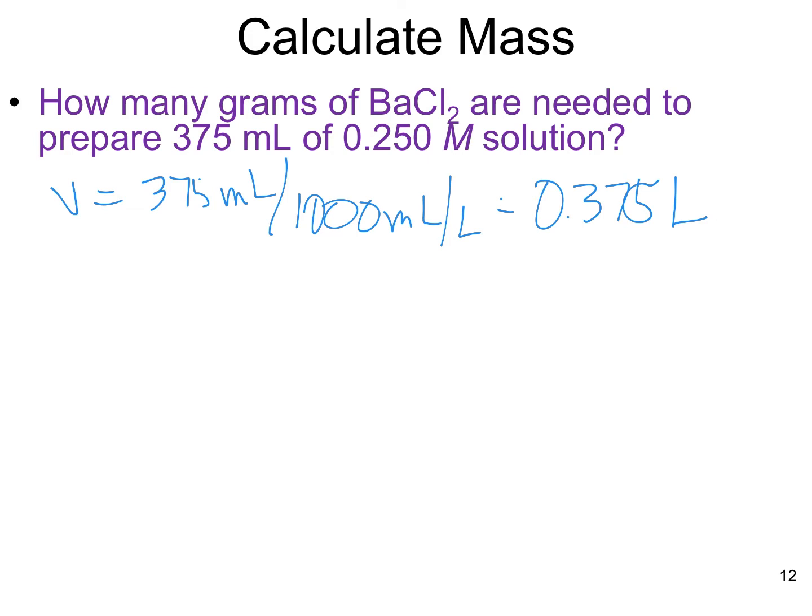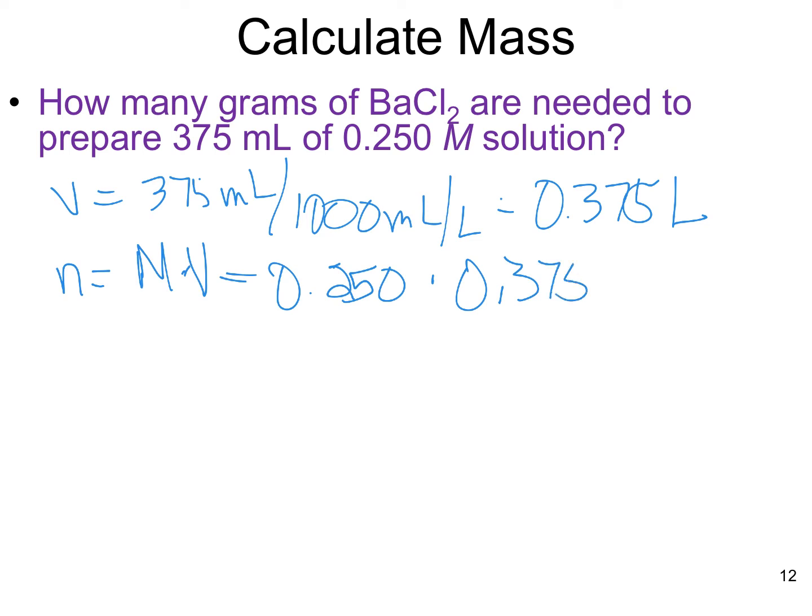The moles of barium chloride are calculated using n equals M times V, which gives 0.250 times 0.375, or 0.0938 moles of barium chloride.